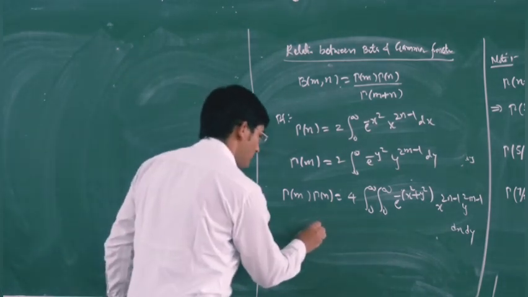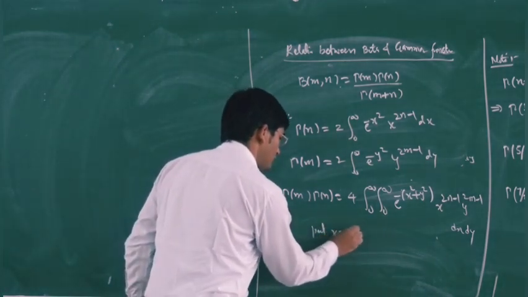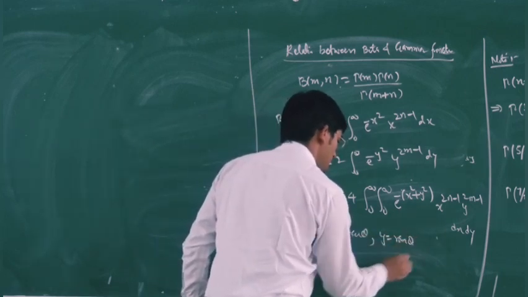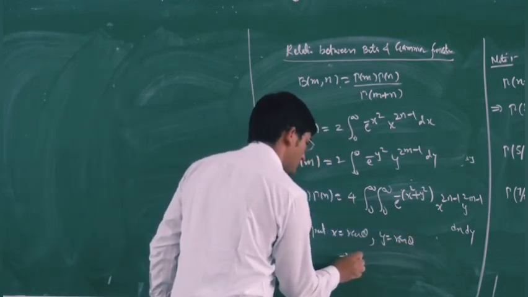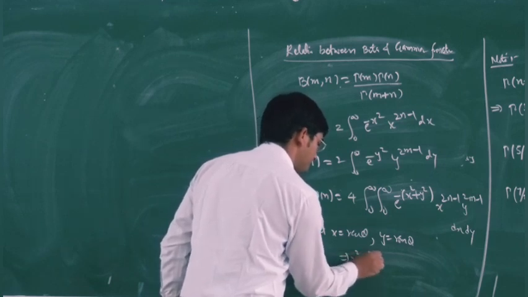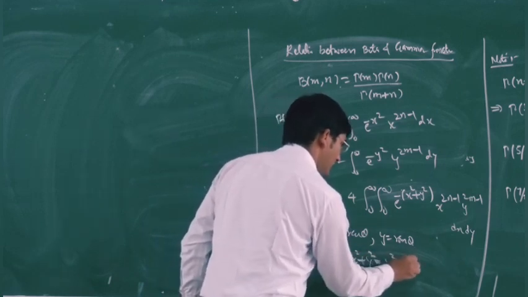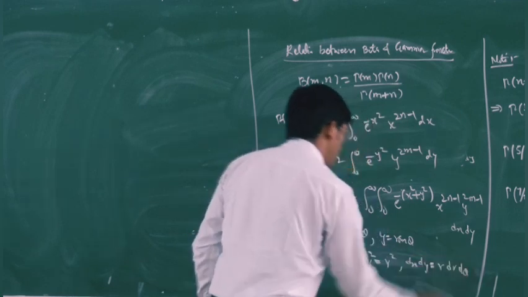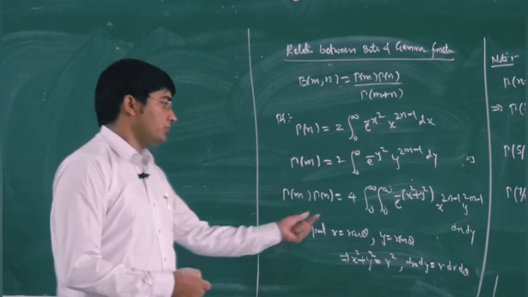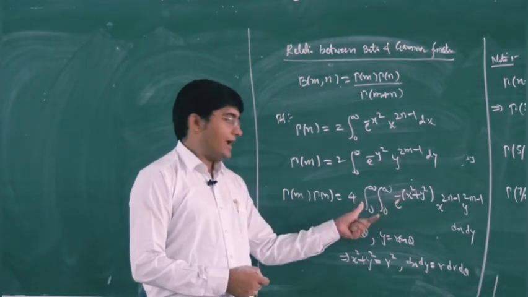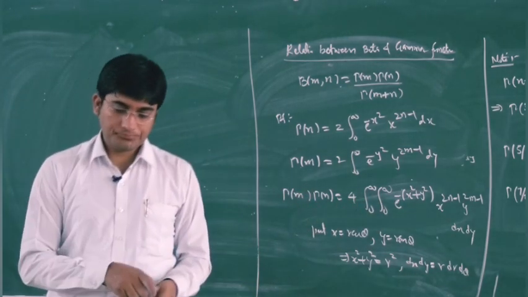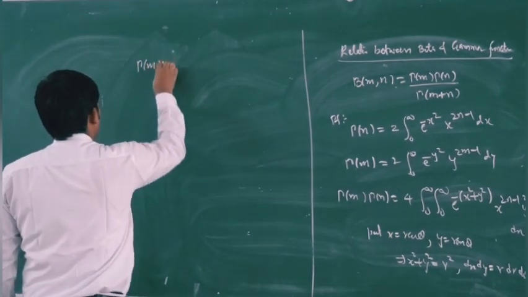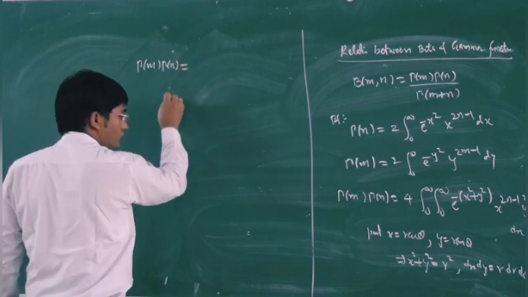So put x equal to r cos theta, y equal to r sin theta. Then from here our x square plus y square will be r square, and your dx into dy will be r dr d theta, and your limits: r will be from 0 to infinity and theta will be from 0 to pi by 2. So this is equal to gamma n into gamma n.